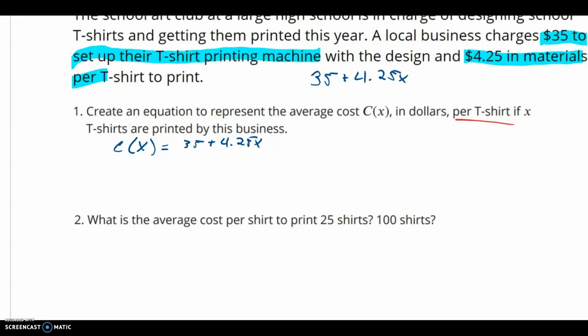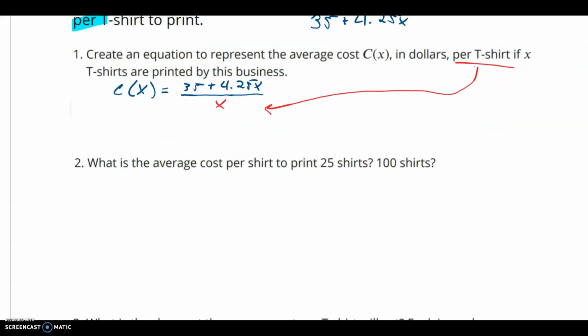But if we want to break it down in a cost per t-shirt, we need to divide that by how many shirts we buy. The key here, the cost per t-shirt, we have to divide by the total number of t-shirts we're going to buy, and we don't know what that is. That's X. So for number two, it's asking us, what's the average cost per shirt to print 25 shirts or 100 shirts?